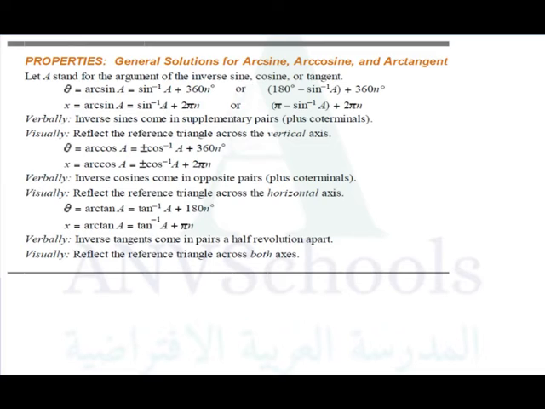Aside from that, you have to work on the problem with the understanding of these trigonometric functions, especially the locations of positive or negative of the functions, as well as the manipulation of those reference angles. So those help.